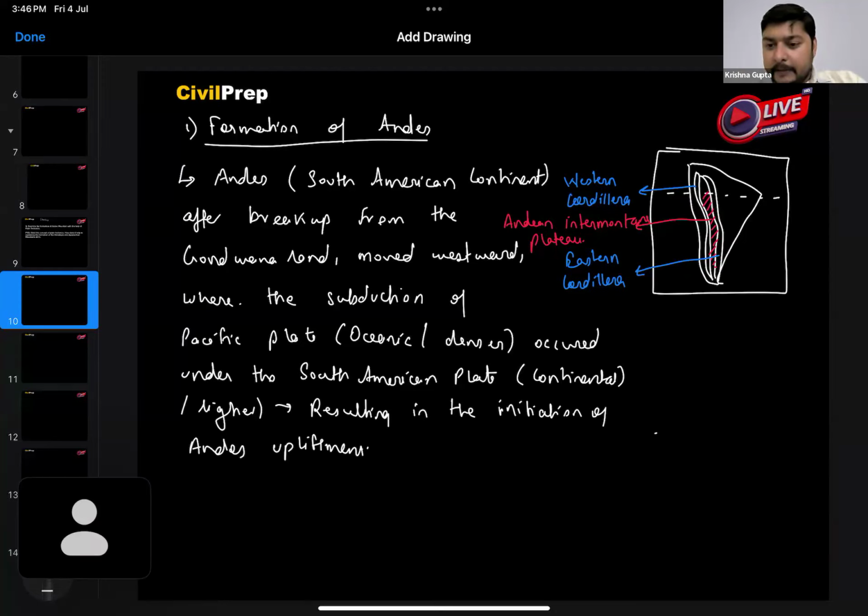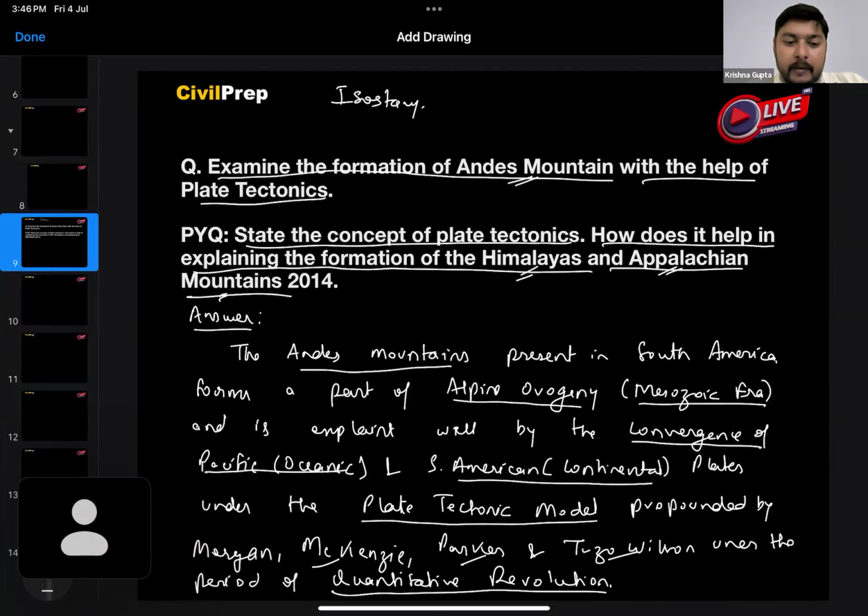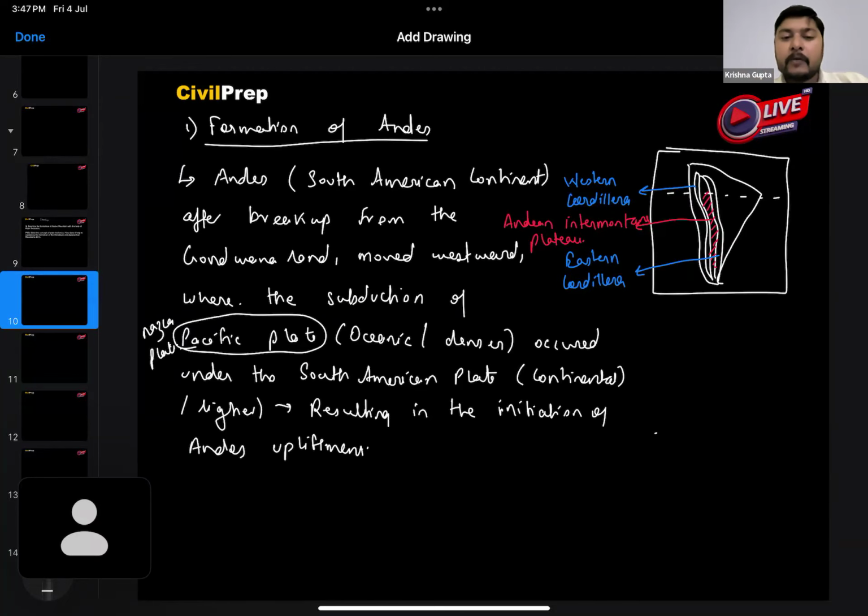So if we look at the Pacific plate, it is basically the Nazca plate. Here also I'll be writing that it is Pacific, part of the Nazca plate, which is a minor plate and majorly part of the Pacific Ocean. So here there is presence of Nazca plate, and here we have the presence of South American plate.